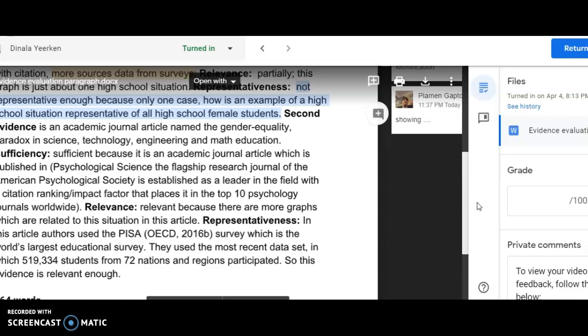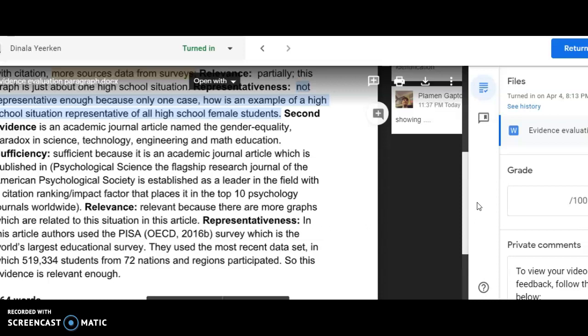There's two strategies. Either analyze all the evidence together, whether it's sufficient, relevant, and representative, or if you're going to examine different pieces of evidence, then you can examine them. One could be examined under sufficiency, another one under representativeness, another one under relevance.